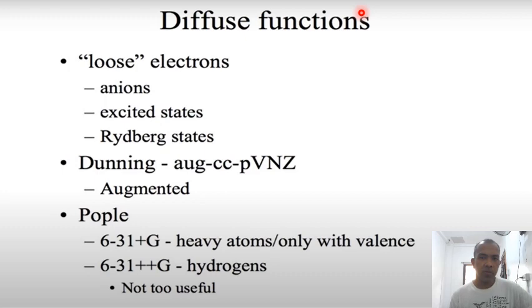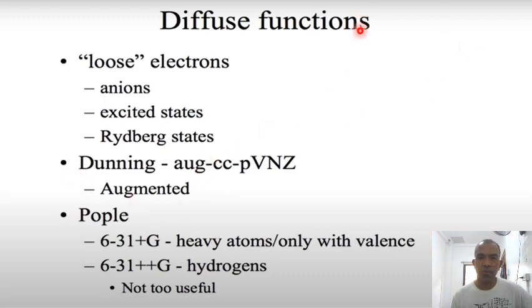Calculations on those kinds of states or species fail if you don't have functions that put density far away from the molecule. You cannot predict an orbital out there unless you provide basis functions that set amplitude in space.